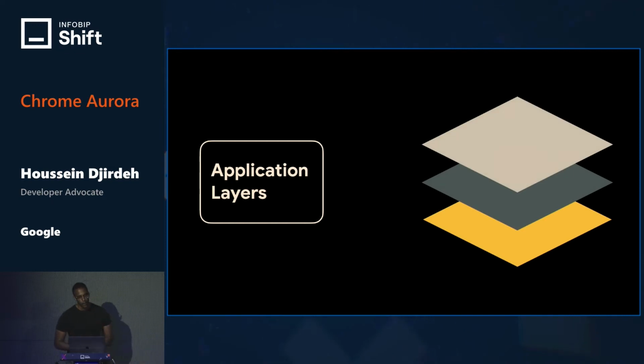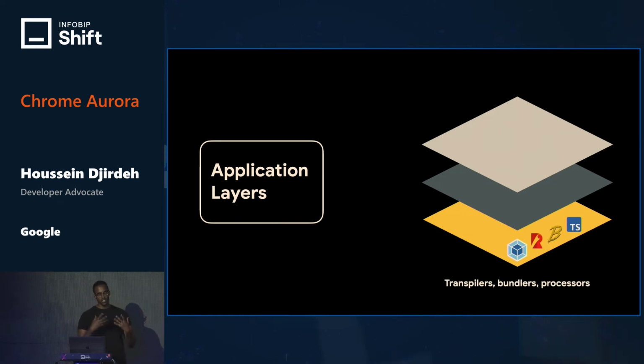If you try and separate out what a typical front-end application stack looks like, it's possible to view it in the form of layers. You have your core dependencies at the bottom, like transpilers, bundlers, and language processors. And then you have your component frameworks, like React or Vue, that most likely use some of the core dependencies under the hood.